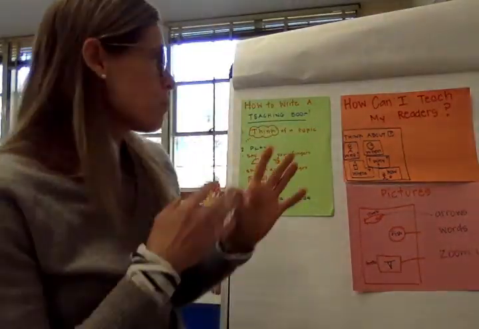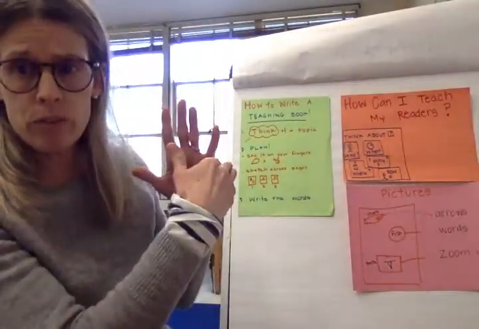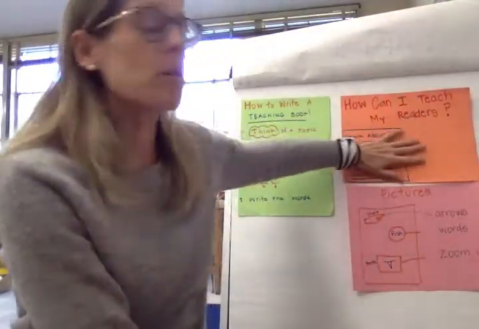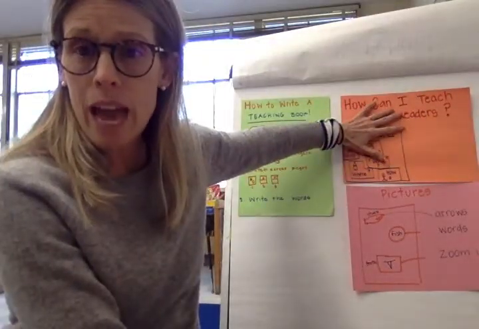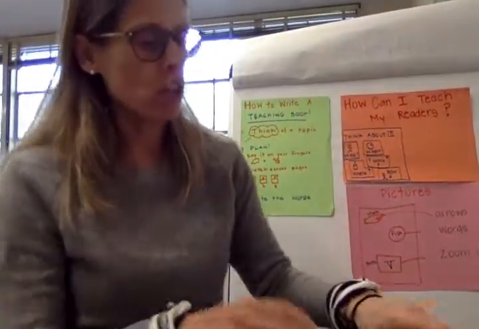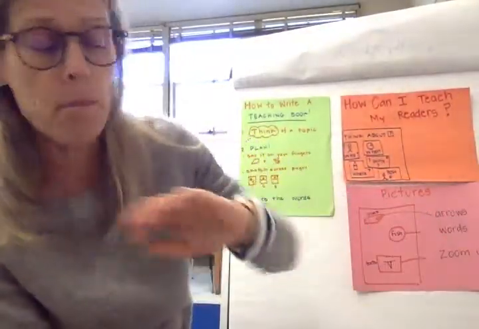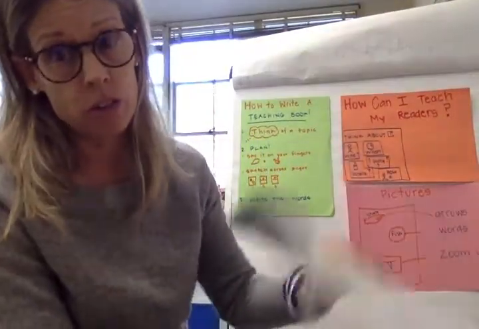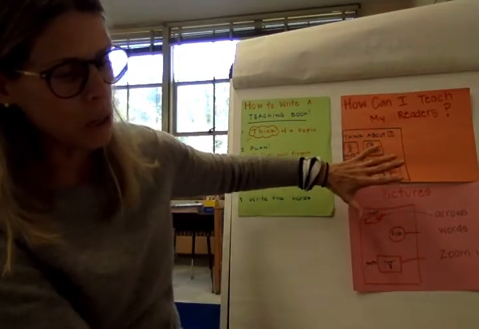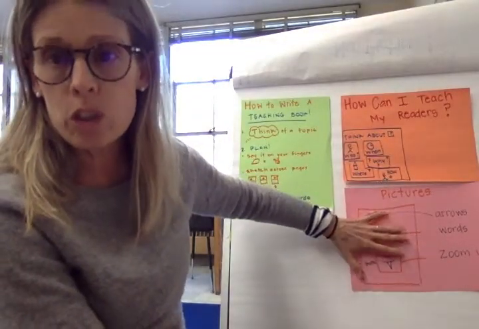So you learned about thinking of a topic, planning it out on your fingers, writing the words, and thinking about the questions that people might have so you can add that into your story. Today, I want to talk to you about what an author might do, and you are an author, to help us in the story.